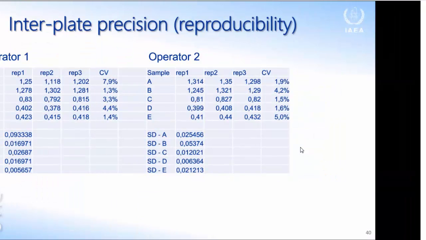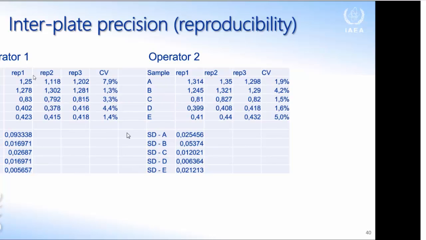And the same counts for the interplate precision, or when we assess the reproducibility. As we said, we have operator 1 and operator 2, two different operators performing the testing on the same panel of five samples done in triplicates, and we will calculate the standard deviation and the coefficient of variation for all samples, which for the one operator will represent the value for the repeatability.